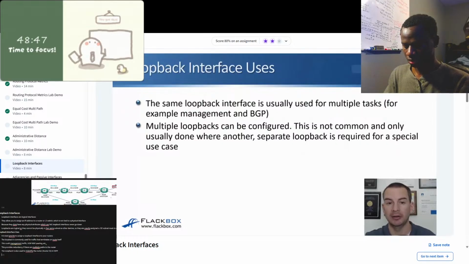The same loopback interface is usually used for multiple tasks.